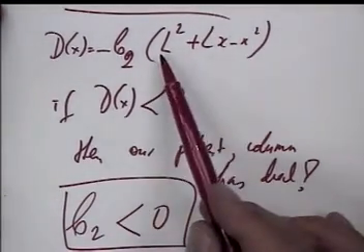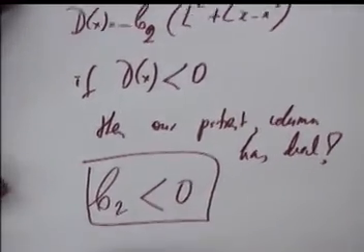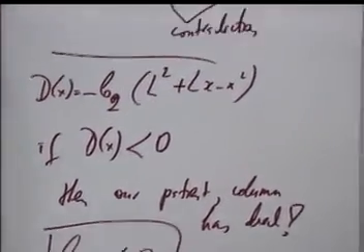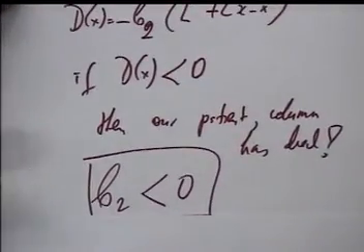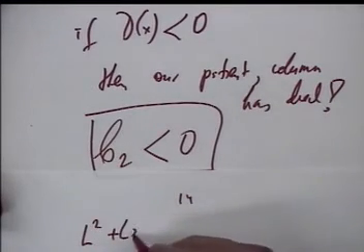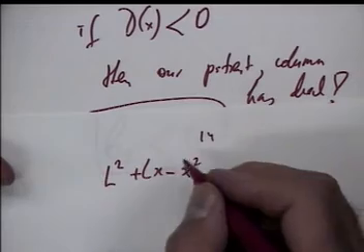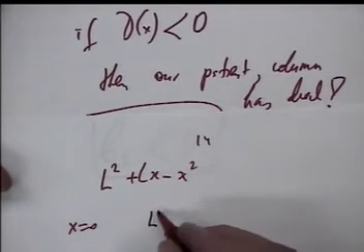Now, because this function is a positive function, look, L square plus Lx minus x square. When x equals 0, this equals L square.